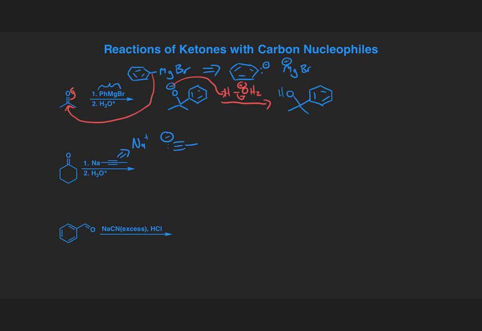And the mechanism for this looks identical to the Grignard reagent, and you wind up with the final product where I've added an acetylide, or I've made a new carbon-carbon bond here. This used to be the carbonyl carbon, which is now bound to an OH to form an alcohol.